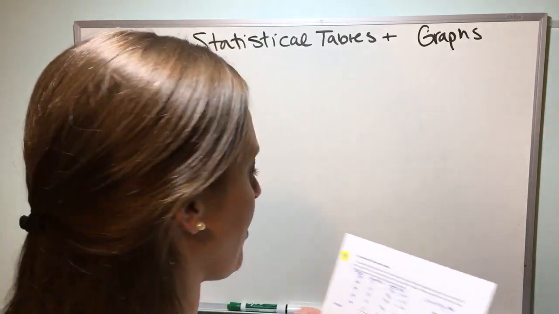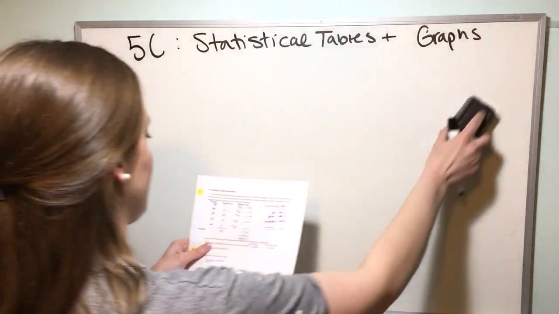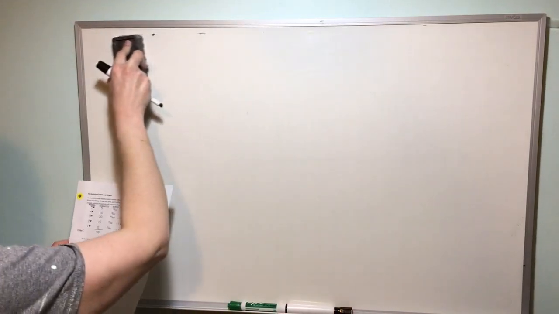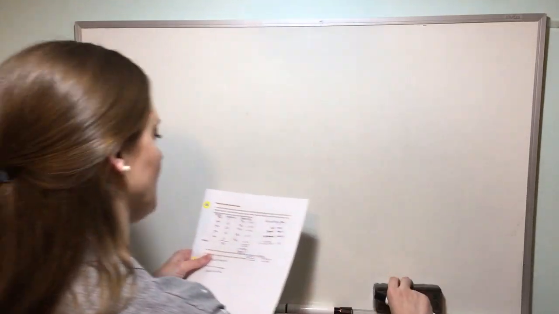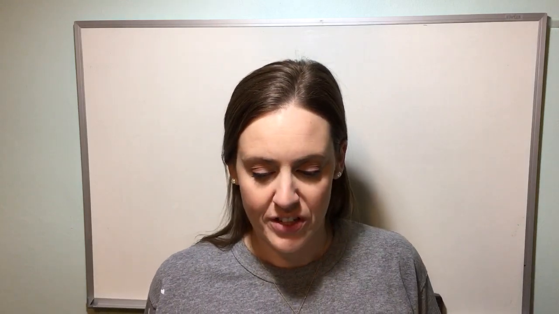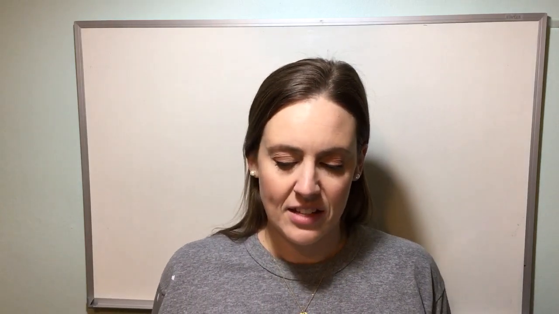So let's talk about number one. A website that reviews recent movies lists 5 five-star films, which is the highest rating, 10 four-star films, 20 three-star films, 15 two-star films, and 5 one-star films. They want us to make a frequency table for this data set, and they also say to include the relative frequency and the cumulative frequency.